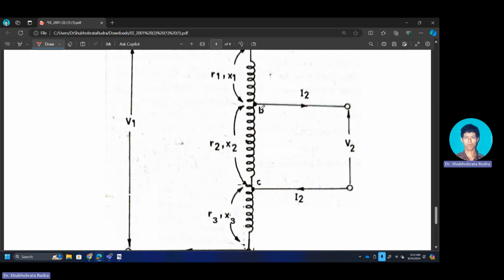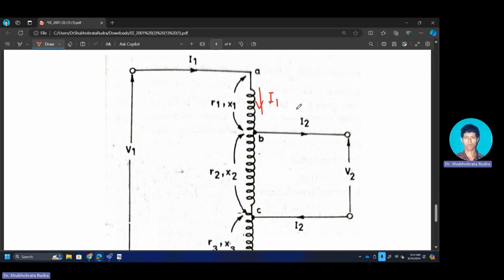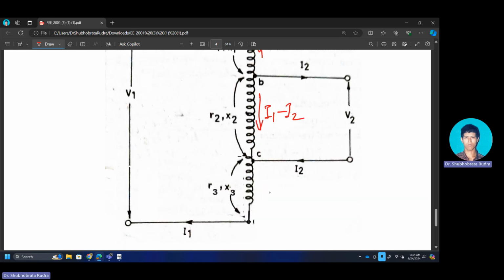This is just something I drew in a different manner. Actually, you have read this with it on one side, and I have placed it in between. So basically what you will have here is I1, and if this current is I2, then this segment is carrying I1 minus I2, and this side again it is I1.